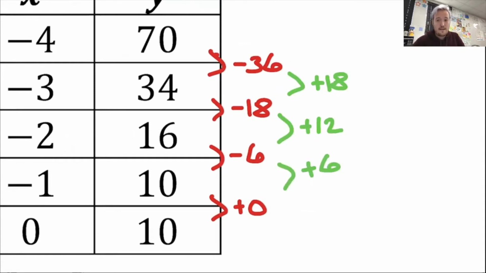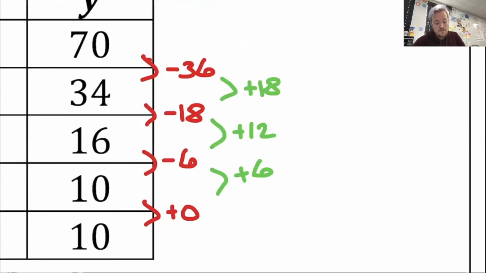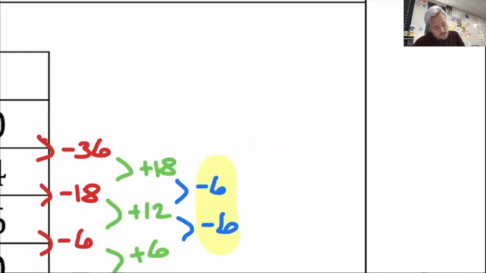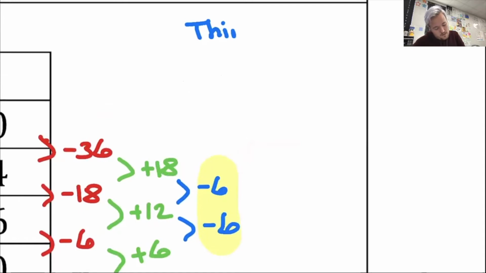So that was my second difference, and I still do not have the same change, which means I'm going to go to a third difference. So here I have 18 to 12, which is negative 6, and then 12 to 6, which is negative 6. So here, now we have a clear, consistent change, but this didn't happen until the third difference.